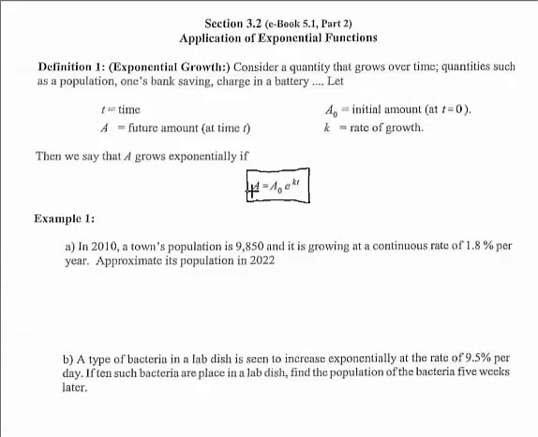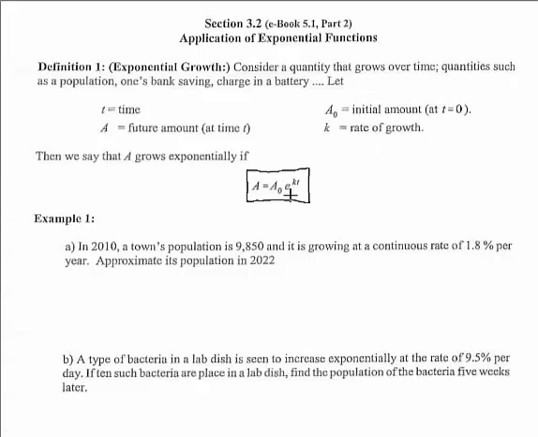An amount A with no subscript is an amount at a future date, at a future time, t. A naught is a quantity that we start out with, an initial amount, as the workbook reads.